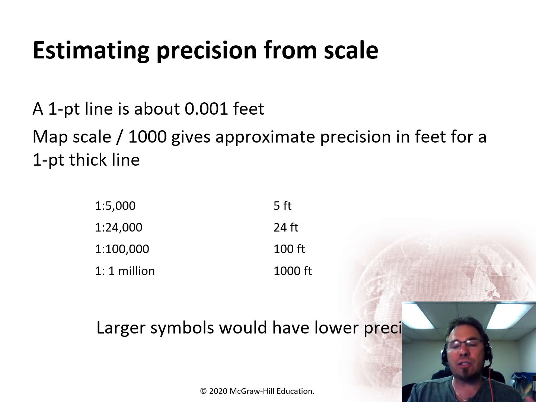So a large symbol creates lower precision depending on which scale you're looking at. So that's really all I want you to get from this slide, is that sometimes it's nice to use thicker lines for a visual aspect, but you're creating some imprecision by doing so.